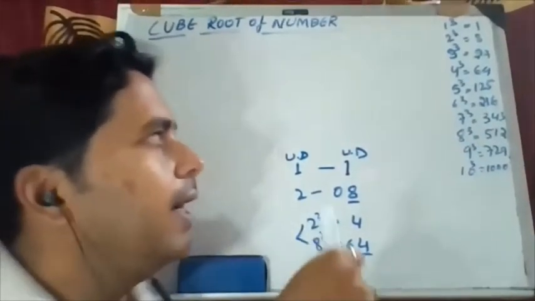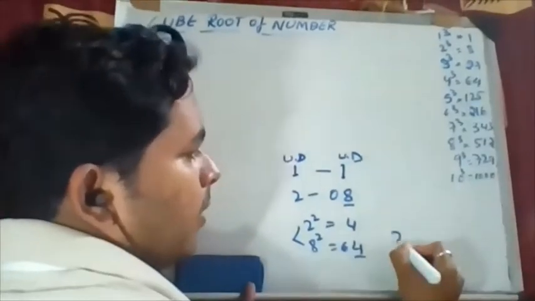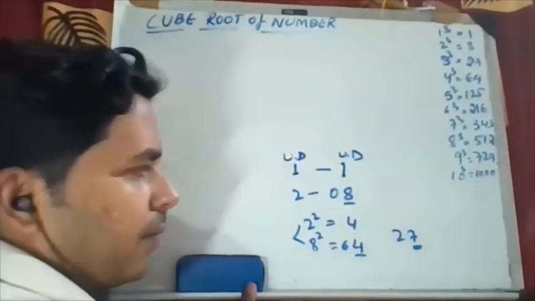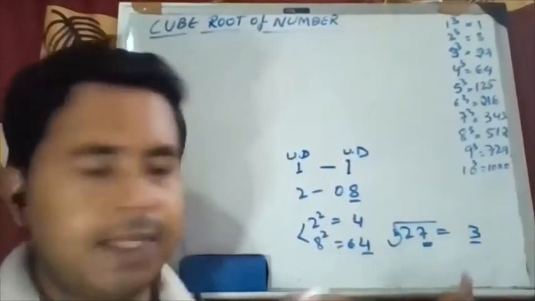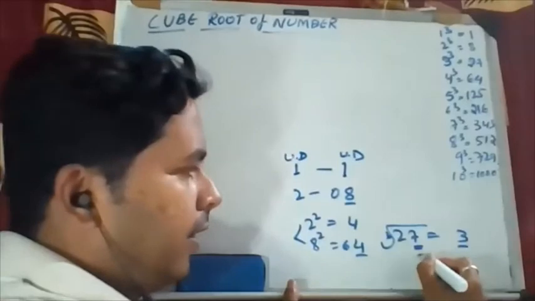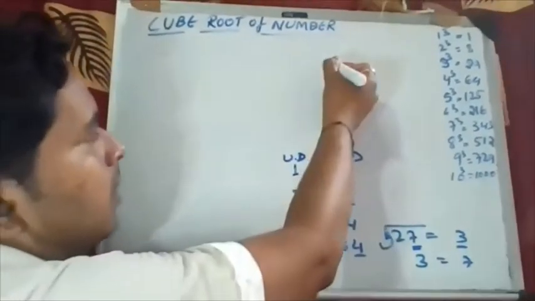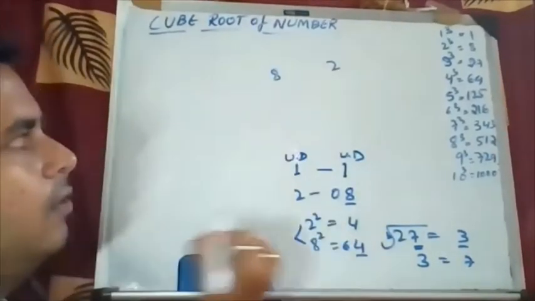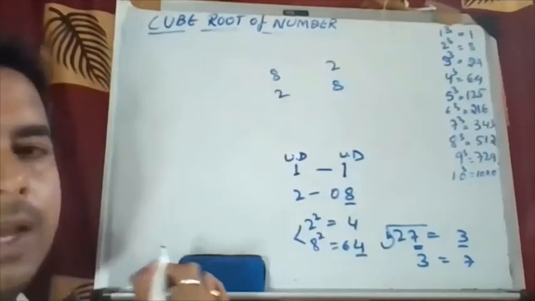Like that, if 5 is there, the corresponding unit digit of the cube root will be 5 only. But there is one more thing: 27 is a cube value, its unit digit is 7, but the unit digit of its cube root is always 3. Wherever 7 is there, you'll get a 3, and wherever 3 is there, you'll get a 7. Vice versa, wherever 2 is there, you'll get 8, and wherever 8 is there, you'll get 2.